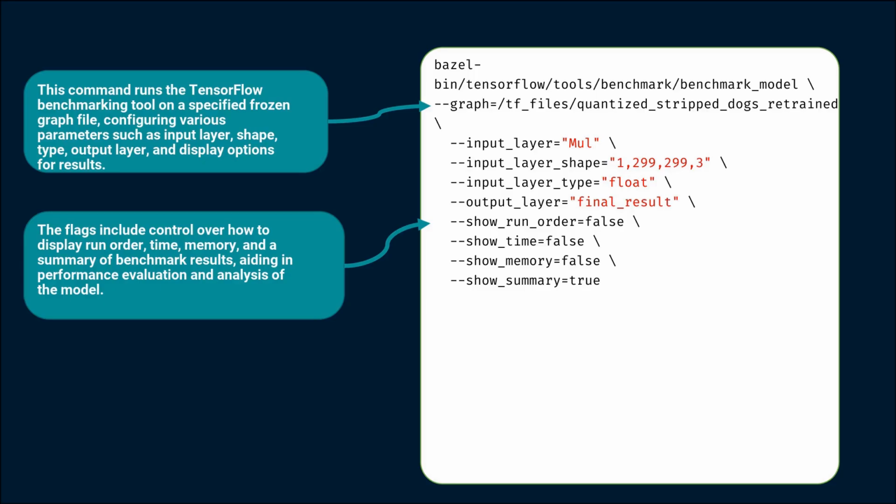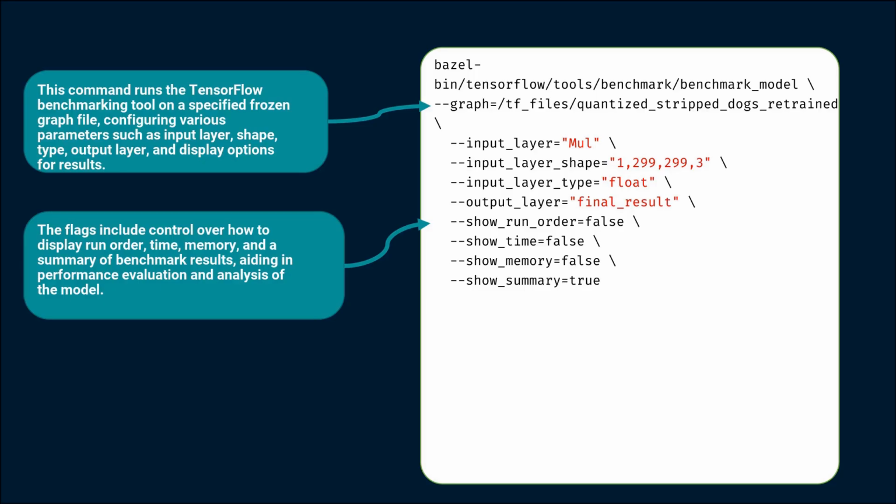Next, we need to define the model's input configurations. The --input_layer parameter indicates the name of the input layer, while --input_layer_shape specifies the expected shape of the input data. It's a 1 by 299 by 299 by 3 shape, corresponding to a single image resized to 299 by 299 pixels, with 3 color channels.